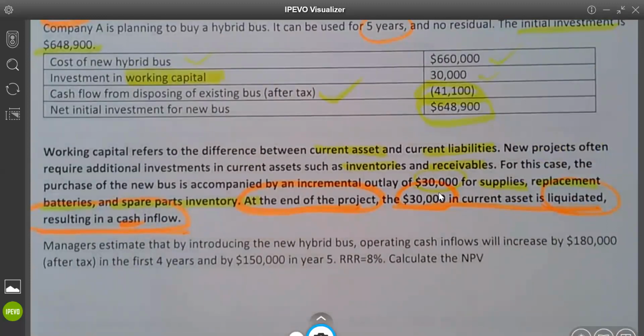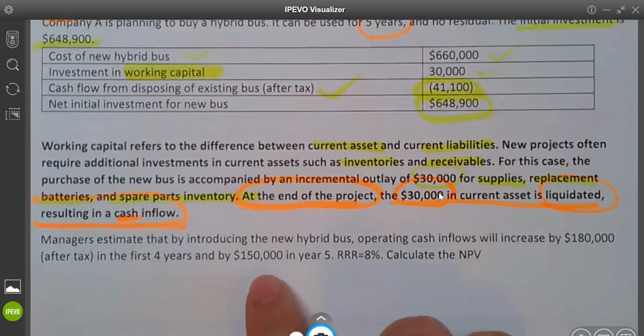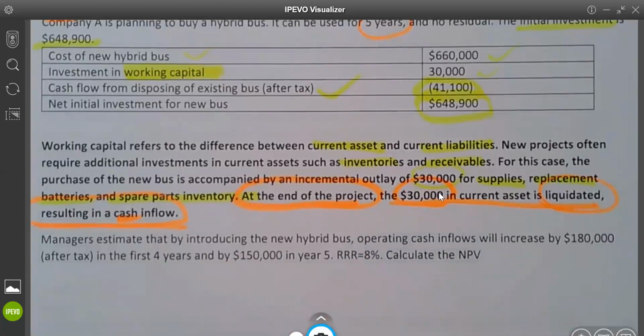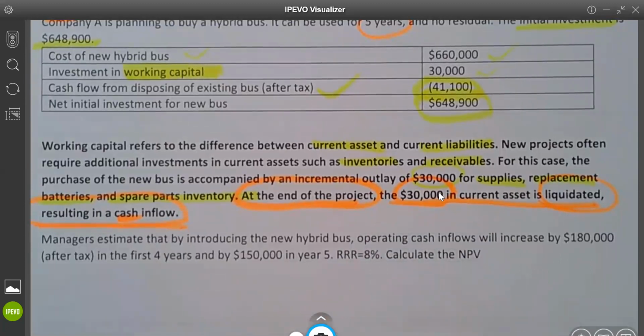Okay. So managers said that by introducing this new bus, operating cash flow will increase by 180,000 for the first 4 years, but then in the 5th year it will increase by 150,000, and then the required rate of return is 8%. Talk about your NPV.